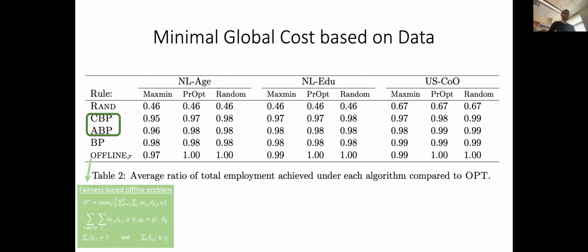If we look at our two algorithms, we see that we lose a little bit relative to the bid price control, at most 3% here. At the same time, we do get with these algorithms a much better performance with respect to the group fairness, as we saw on the previous slide. So across the board, we see that CBP and ABP, if we care about those group fairness constraints, provide a much better trade-off than either not optimizing or optimizing without the fairness considerations.